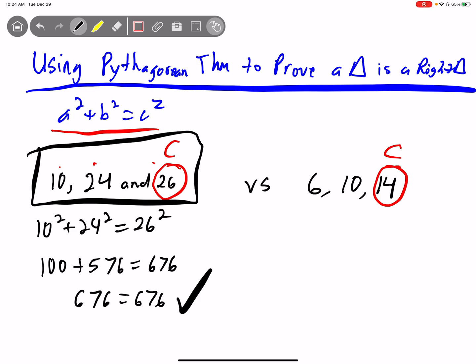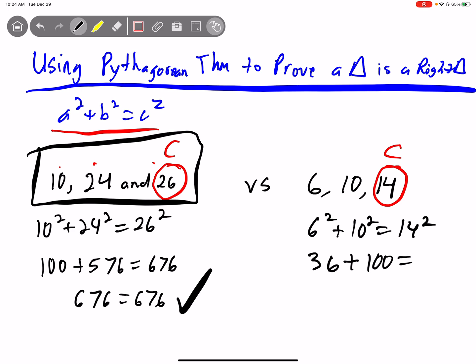What about the other one? Well, we have 6 squared plus 10 squared equals 14 squared. We know 6 squared is 36. We know 10 squared is 100.